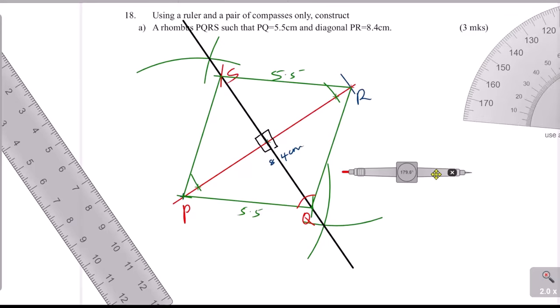So stand at Q, then a suitable radius that is more than half of that line. So you mark an arc up there, then you mark another one below here.